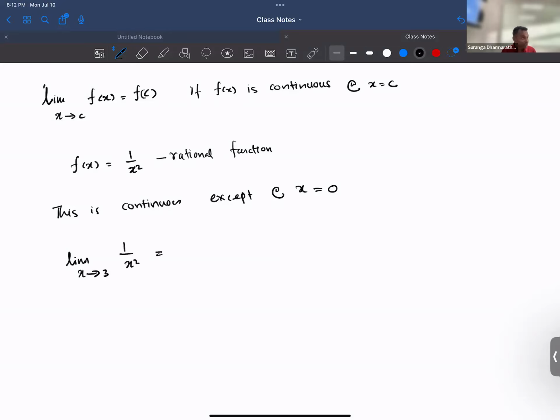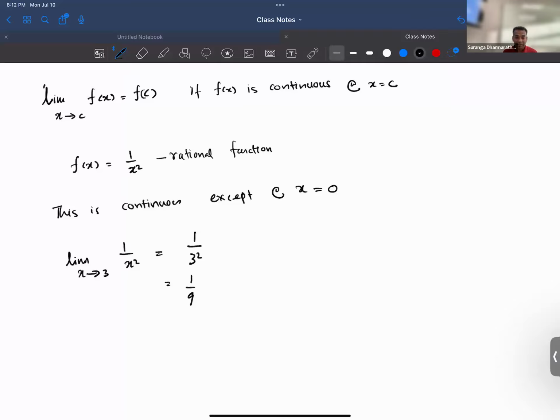F of 3 is 1 over 3 squared, which is 1 over 9. Does that make sense? So that is doable.